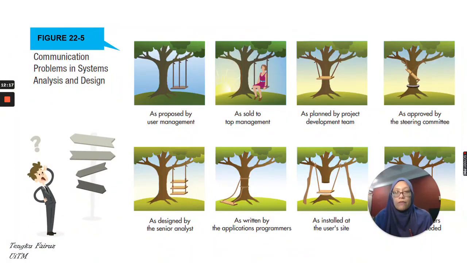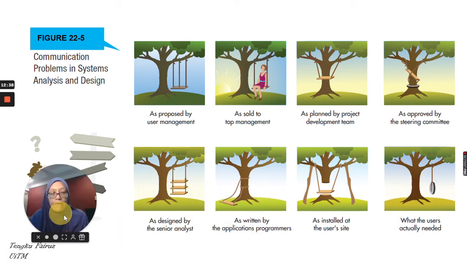analysis. If you refer to figure 22.5, this is where problems occur, where they have communication problems in the system analysis and design. So this is where they have a problem during the requirements analysis or user needs. If you refer to this picture, they want to develop the swing.